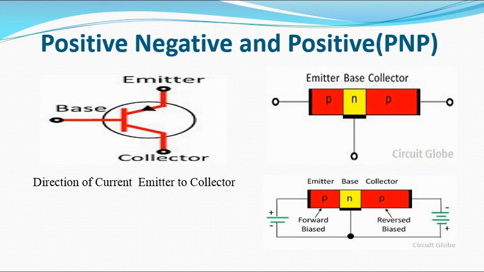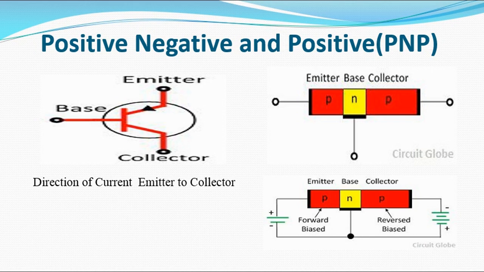In PNP, the N being the base is the negative, while the emitter and collectors are the positive. From the arrow, you can see that the arrow is pointing down. That is to say that the current is moving from emitter to collector, while in NPN, the current is moving from collector to emitter.